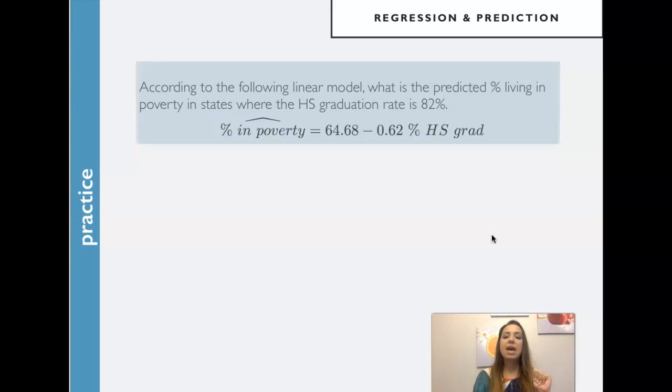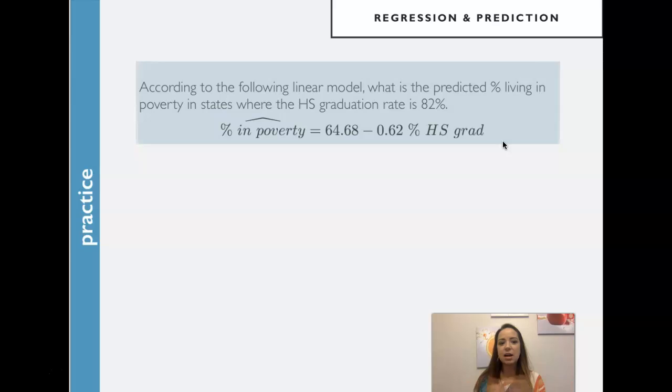All right. Having said that, then we moved to the idea of prediction, trying to figure out what poverty might be given that we know what high school graduation is. Why would you want to do that? Well, if you have this in hand, it may be the case that in your data set, you don't have a particular value of high school graduation in hand. But in your city in the United States, you want to know, we have about 20% of high school graduates.